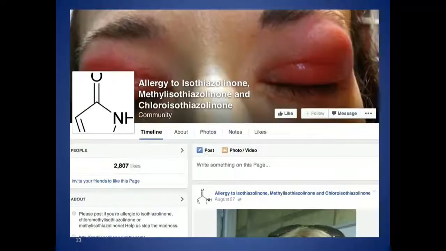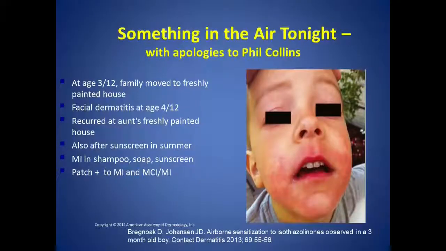Certainly a lot of eyelid dermatitis, a lot of communication on social media about this allergen. We always find relevant sources. Interesting Facebook group. This little guy had a blow-up from water-based paint that was aerosolized for even a couple of weeks after it occurred, because it's in 90% of water-based paints. So that's an issue if you're strongly sensitized.